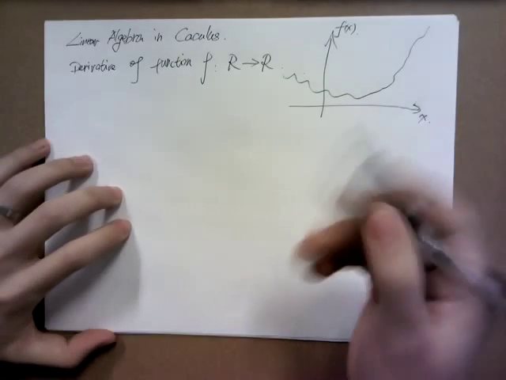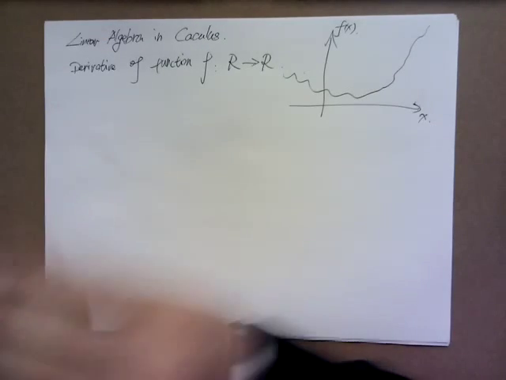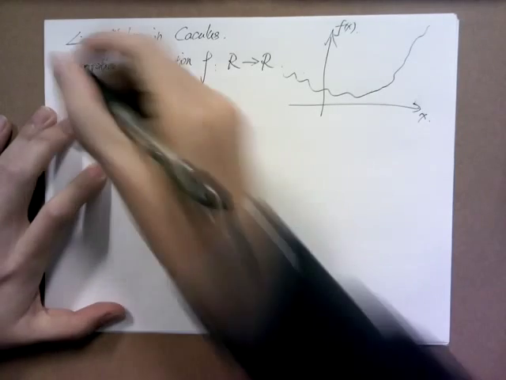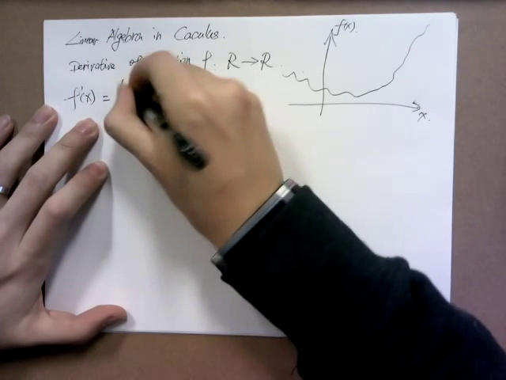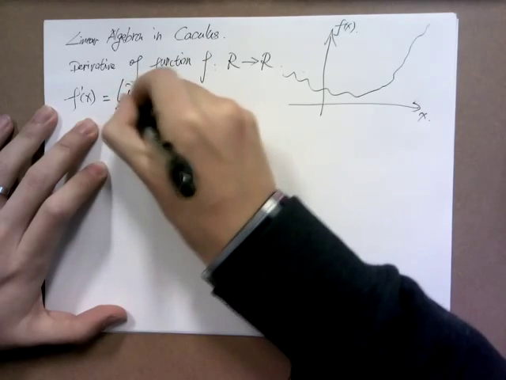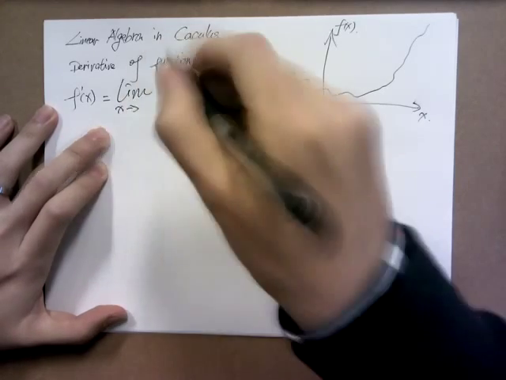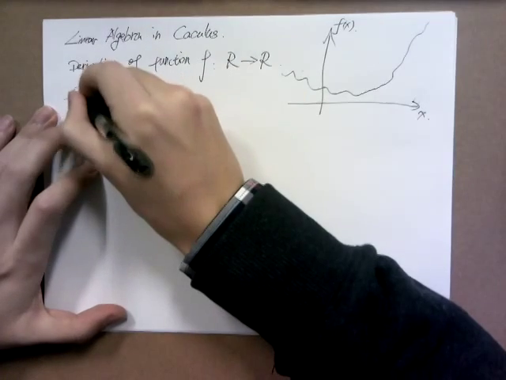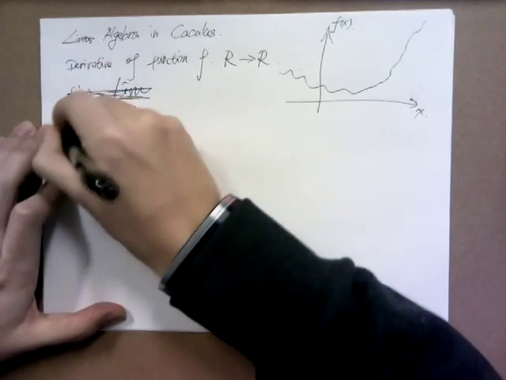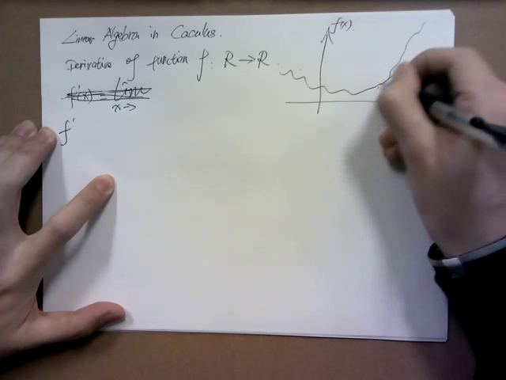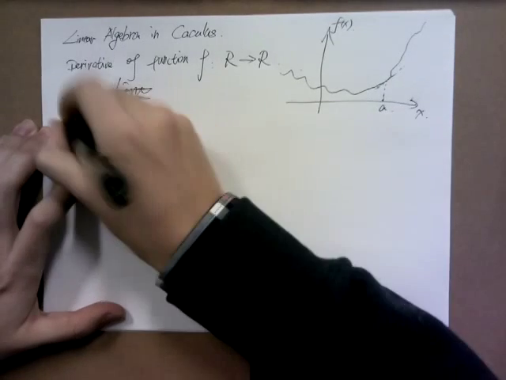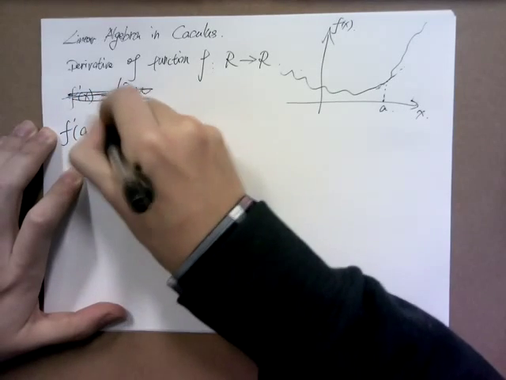Okay, so now what's the first order derivative of f? As we know, if I want to get the first order derivative near point A, I can have this formula.